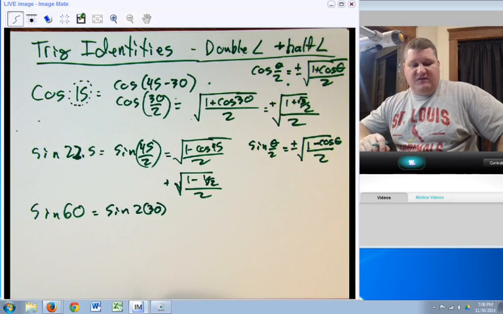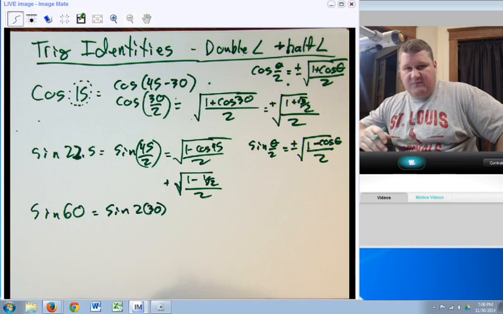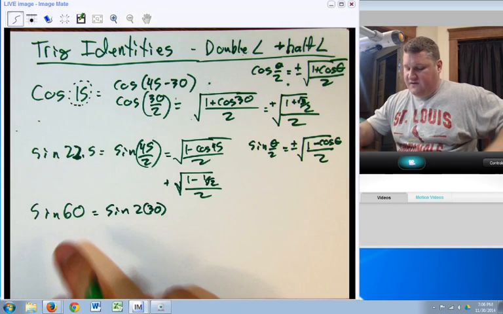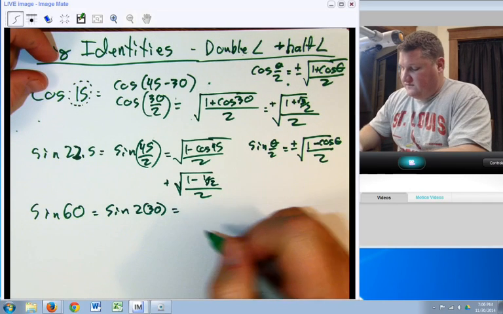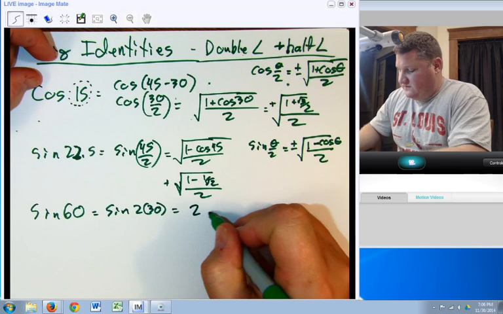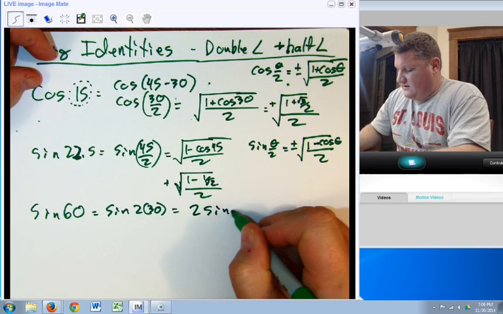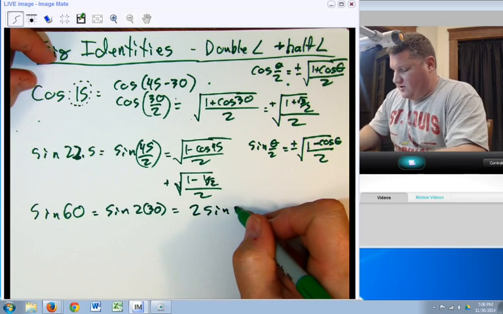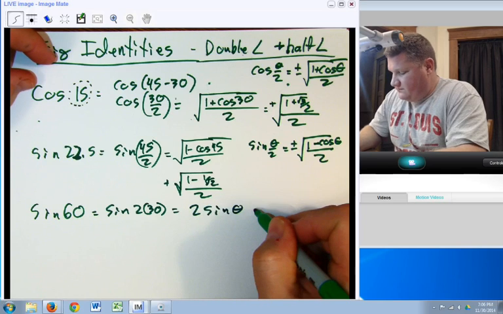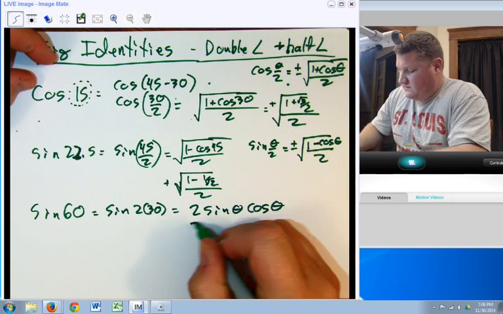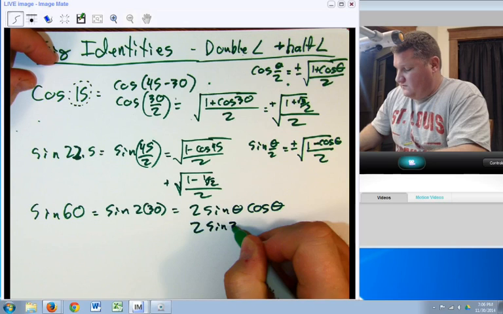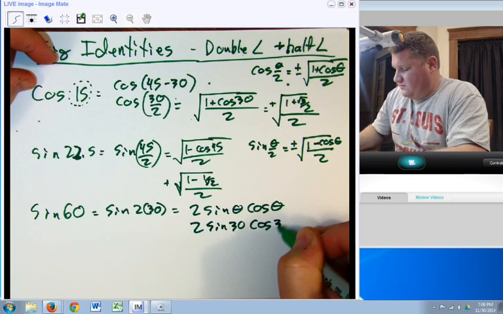But when we start getting into the verify, simplify, and solve problems, we're going to need these formulas as well. So, sine of 2 theta is 2 sine theta cosine theta. So 2 sine 30 cosine 30.